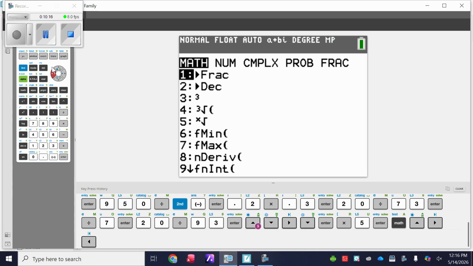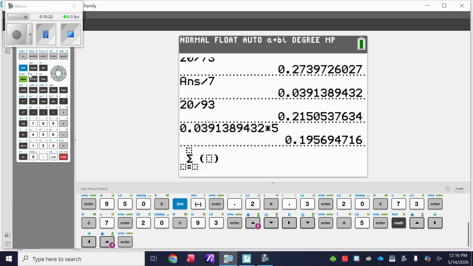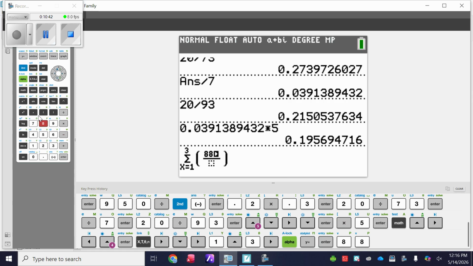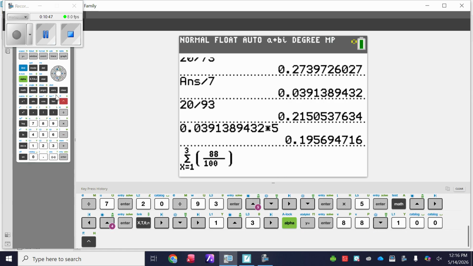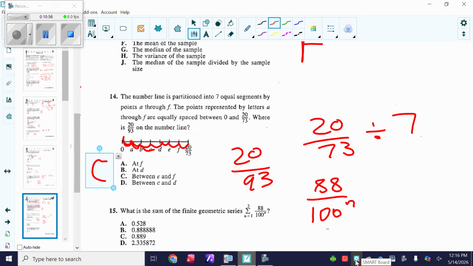You can plug in, again, I like doing x is 1 to 3, and then I put it in as a fraction, 88 over 100 to the x, using x rather than the number. So it gives me 88888, which is choice D.